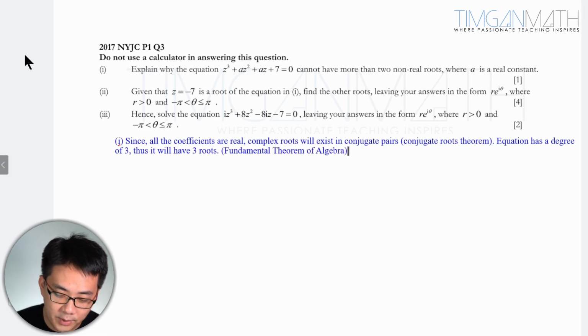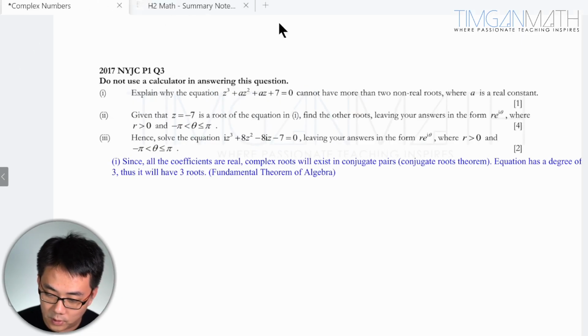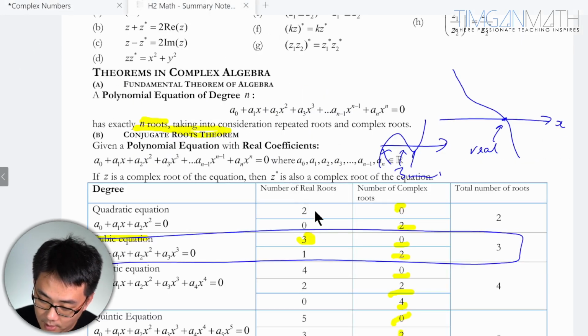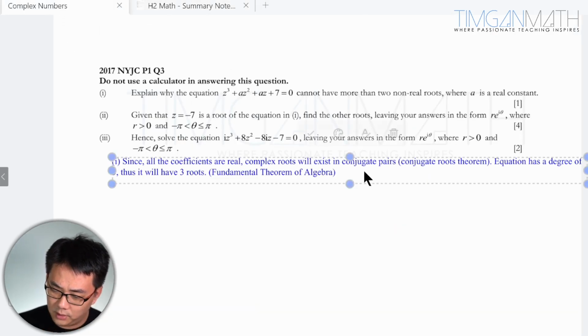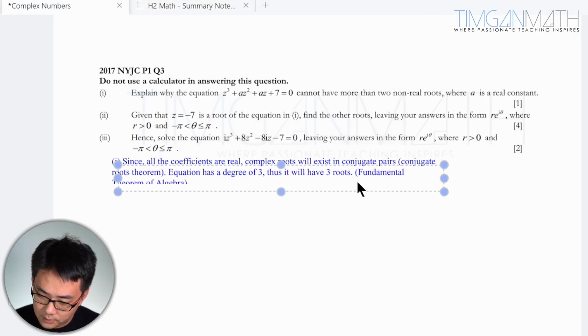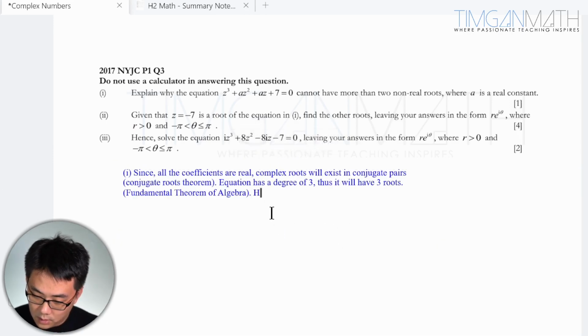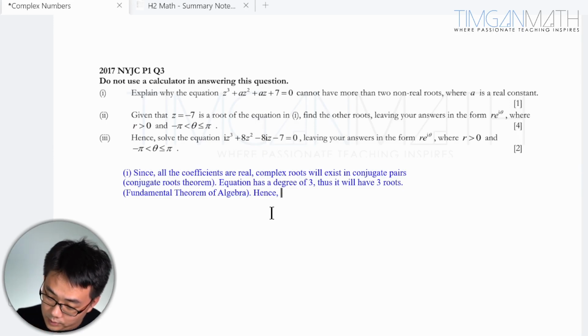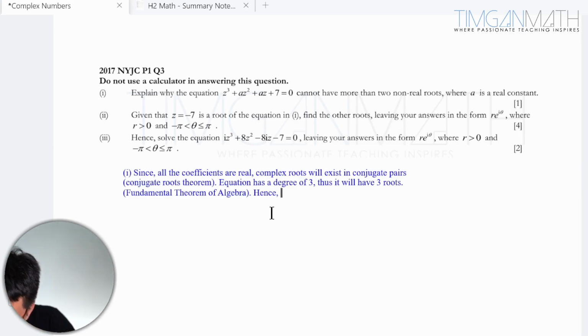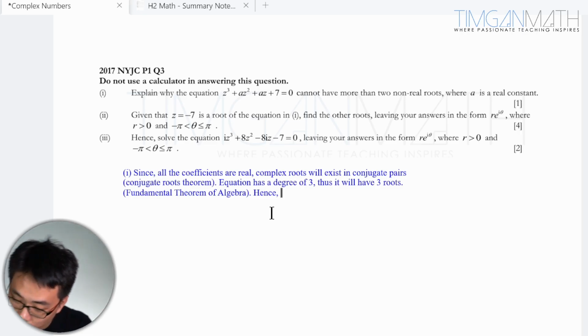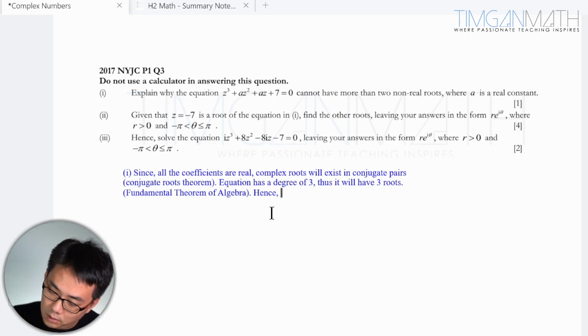You don't need to write the fundamental theorem of algebra in. You don't even need to write the complex. But I'll just write it down. Thus, okay. Hence, cannot have more than 2 non-real roots.